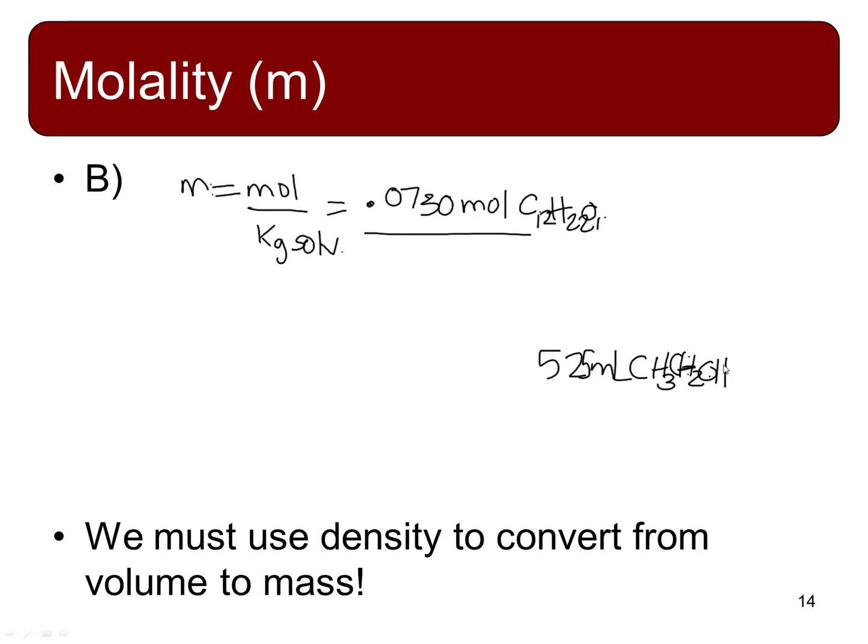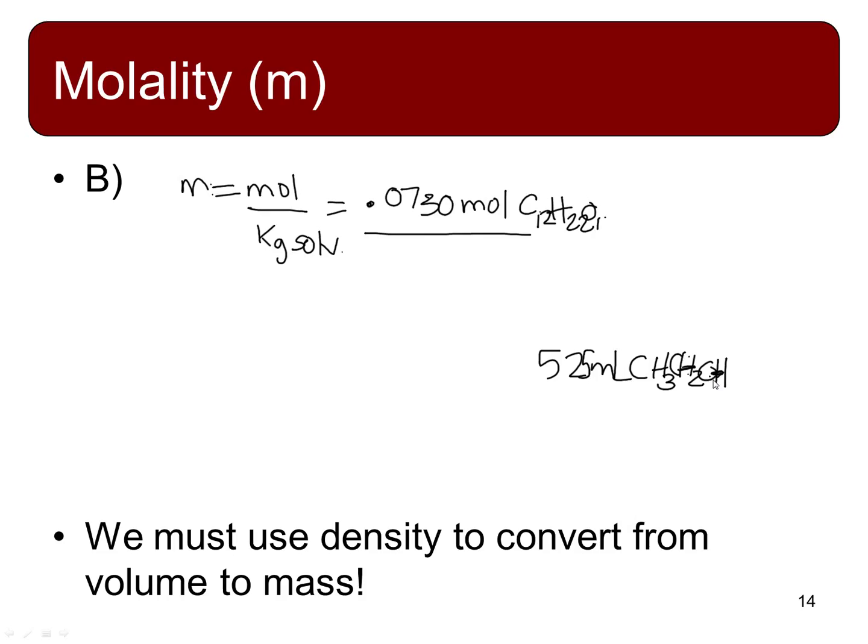So we have a volume, where in molarity this was fine because we could just convert from milliliters to liters. But now we need to go from a volume quantity to kilograms. In order to get from one totally different unit to another, we have to have some kind of common relationship, a way to get from milliliters to grams or kilograms.